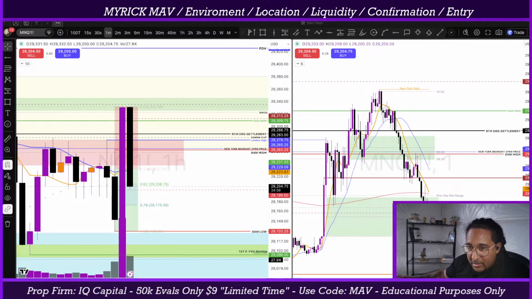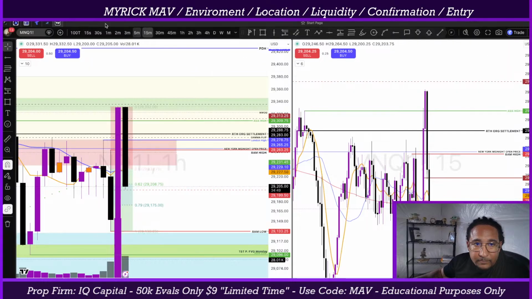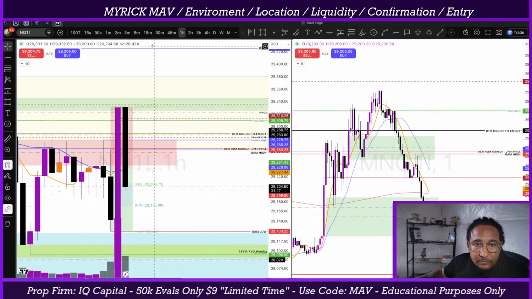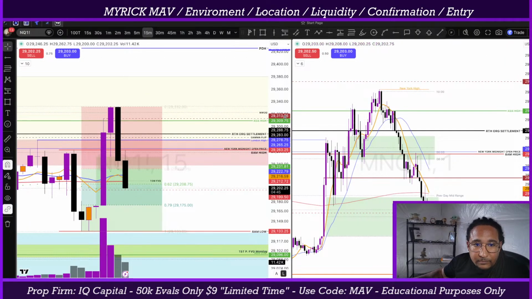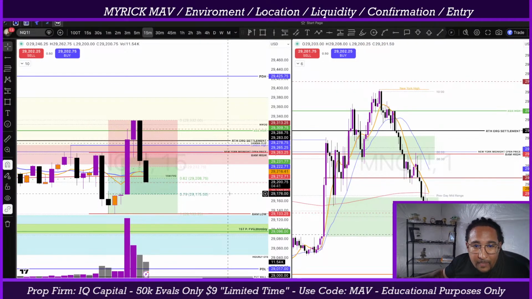We are getting some rejection because we are inside that gap. We're hitting that 15-minute OTE area. So the farther down we get, the lower probability our shorts get. Not sure if we want to get into any more shorts at this point.